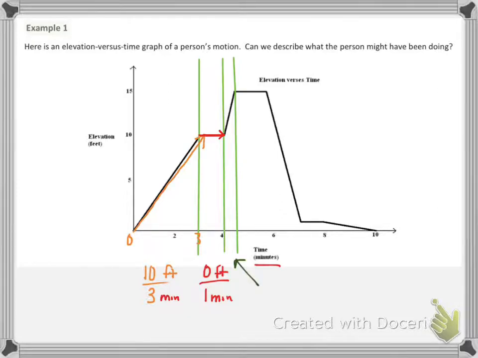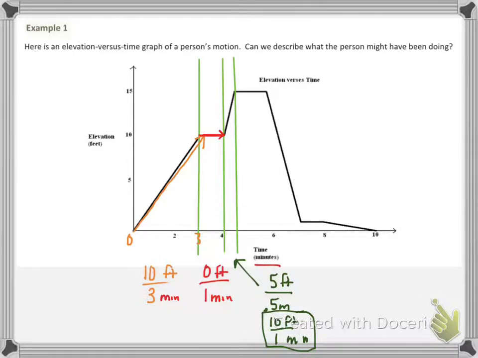So we went from 10 to 15 feet, so that's a change in elevation of 5 feet. And how long did it take? Well, 0.5 minutes, 30 seconds. 0.5 minutes, which is the same as 10 feet in 1 minute. So 10 feet in 1 minute would be our slope of that section.